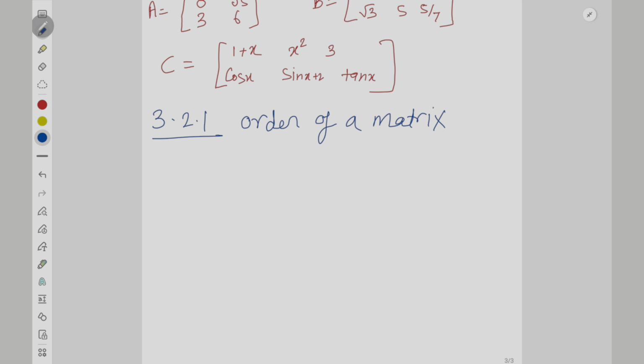Suppose we have a matrix with m rows and n columns.